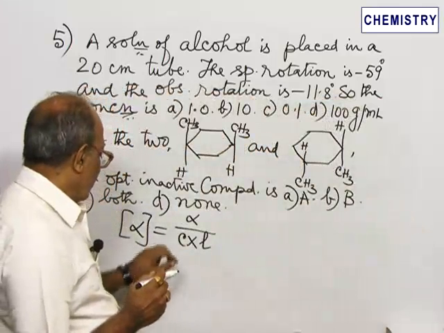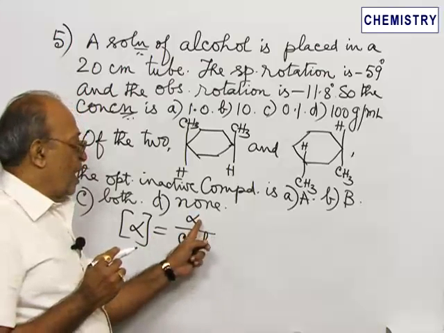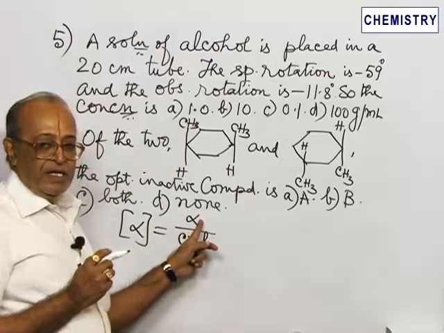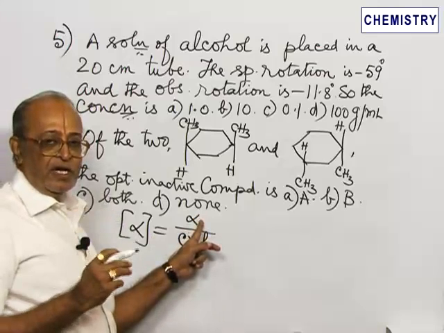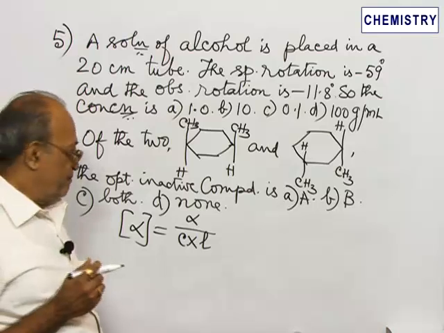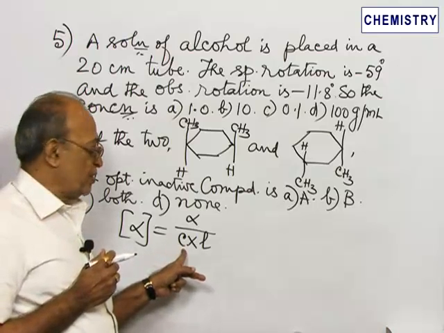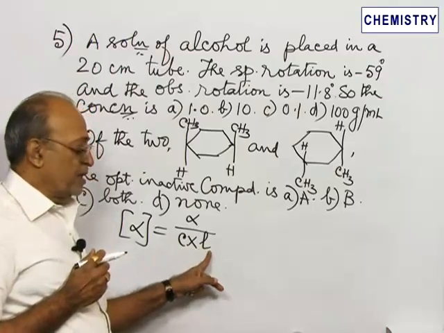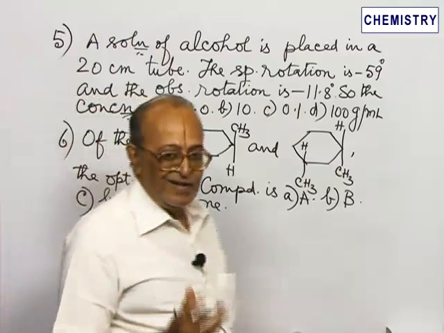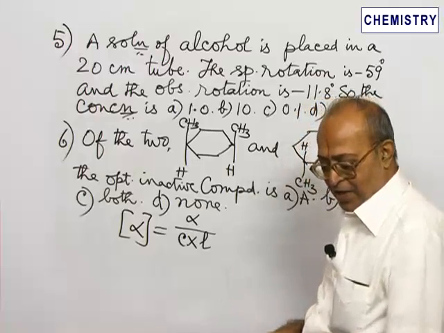Alpha is the angle of rotation or observed rotation. C is the concentration of the solution, and L is the length of the tube or length of the solution, as the case may be.